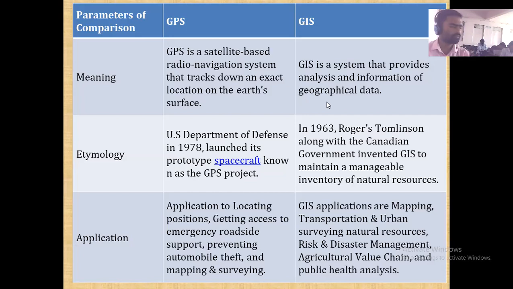In place of that, GIS is a system that provides analysis and information of geographical data.